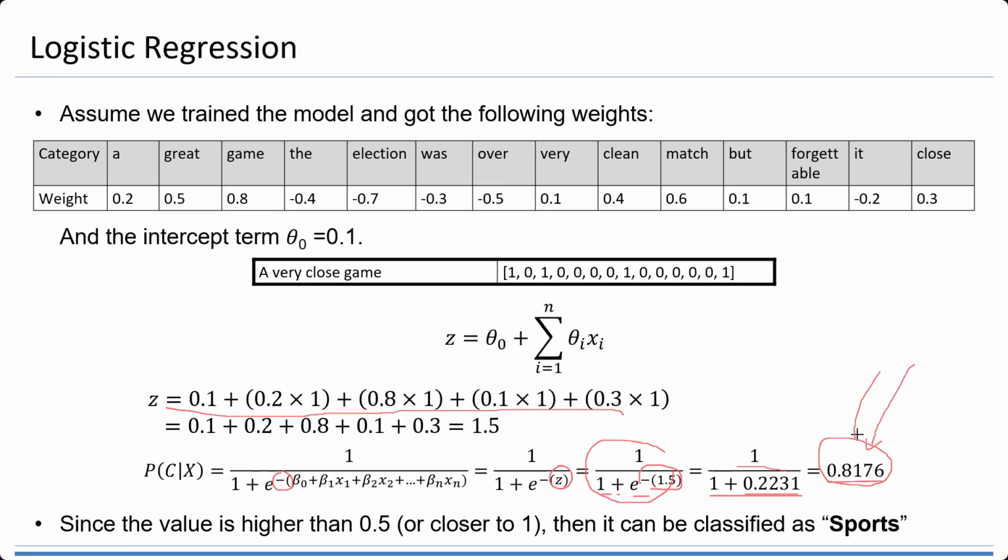So this value will be the value to determine whether it belongs to class 1 or 0. Since the value is higher than 0.5, or it is closer to 1, okay, 0.8 is closer to 1, then we will classify it as sports.